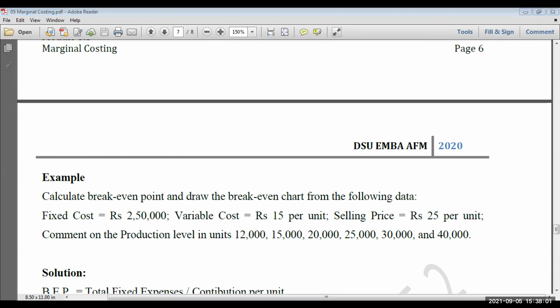Variable cost per unit is rupees 20. Selling price per unit is rupees 30. Calculate break-even point in value of sales. Can you calculate and tell me?